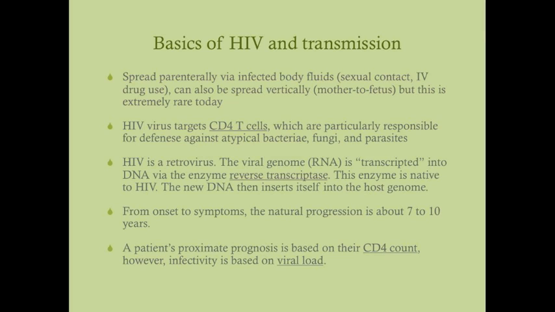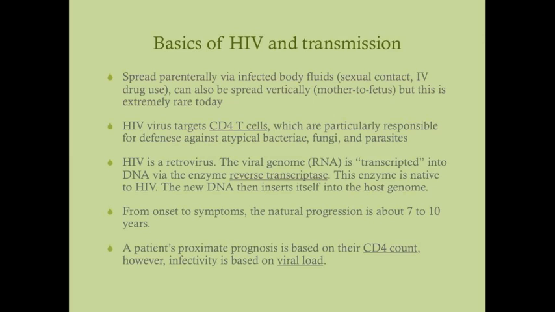HIV is a retrovirus, so it's a viral genome that has RNA, but that RNA does not insert itself into the host RNA genome. It inserts itself into the host DNA genome, and the way it does this is by converting its RNA into DNA by reverse transcriptase.